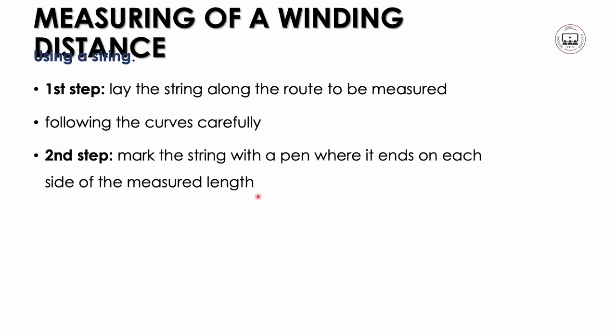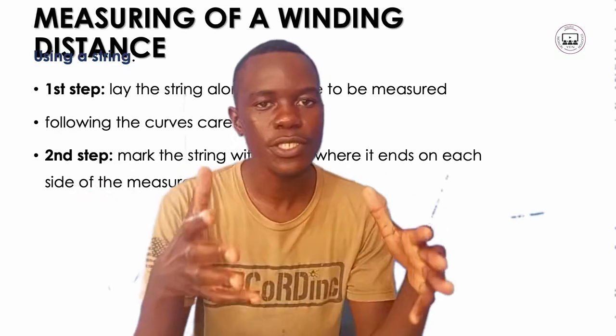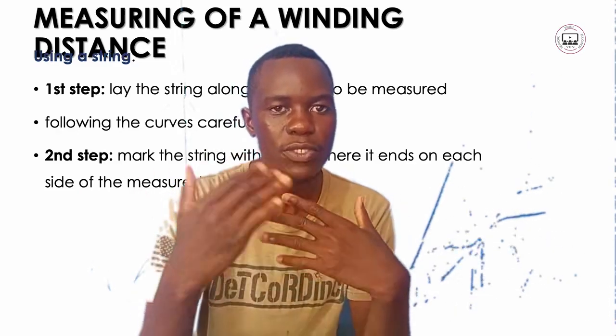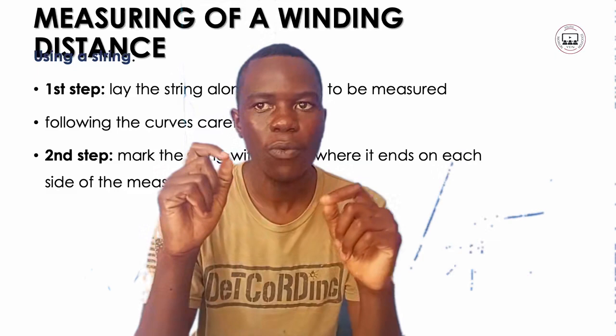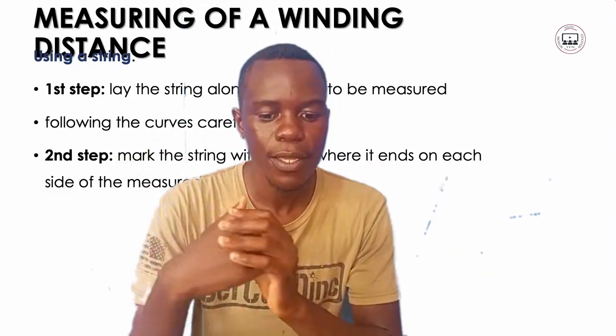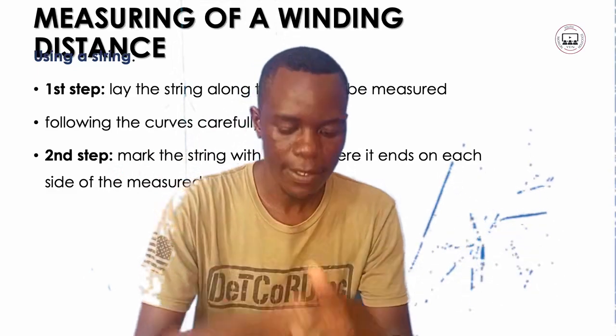So the second step is that you mark the string with a pen where it ends on the side of the measured length. So when you reach the end where you've been asked to stop, you mark it with maybe the pen or the pencil.